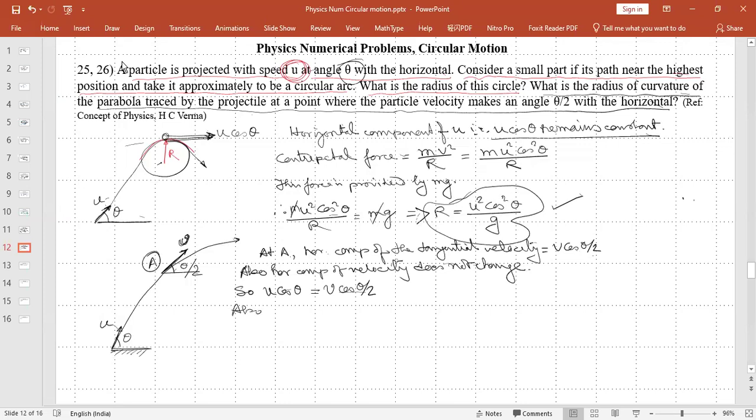Also, at this point, the centripetal force is mv square by R. R is the radius of curvature here that we are trying to find out. mv square by R is the centripetal force.